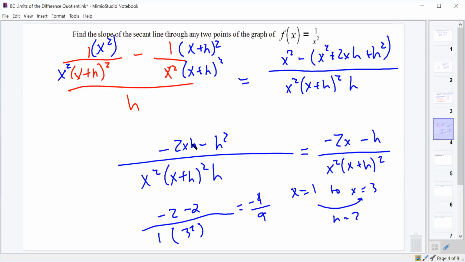So I factored an h out of it and canceled it with the h in the denominator. Well, x squared minus the x squared is 0, and then minus a 2xh, and then minus an h squared. Good? Yeah, okay. All right.